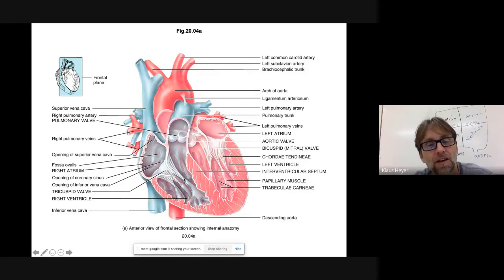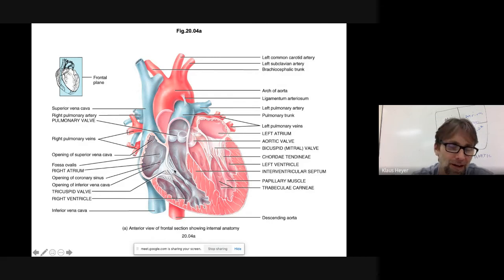That's not the case. It's the opposite. These strings are preventing this valve from swinging the other direction. When it closes, it closes straight. That's what these little cords do.